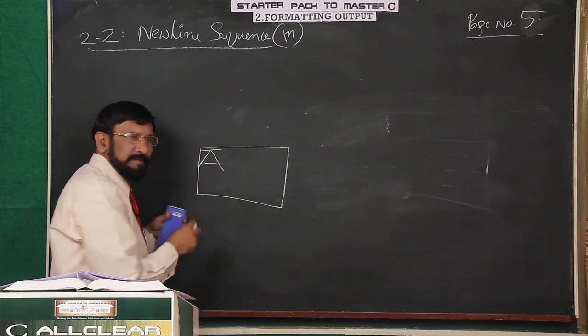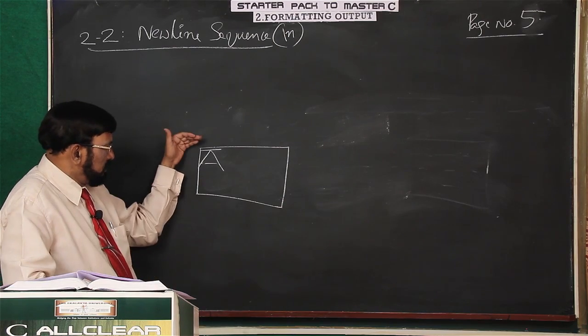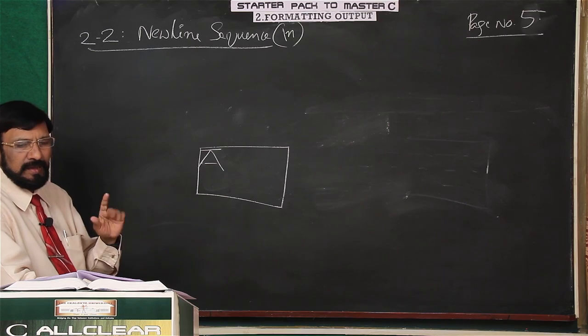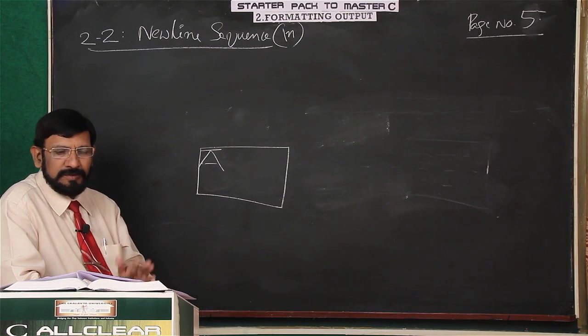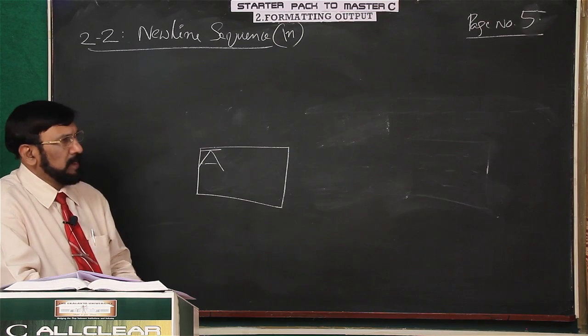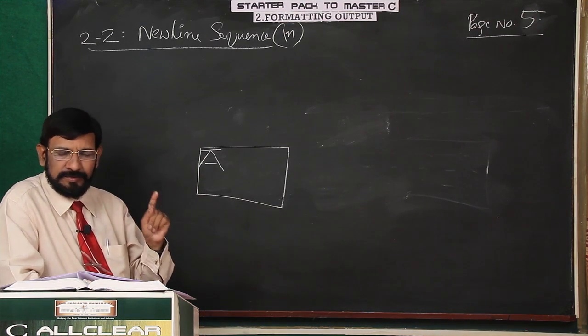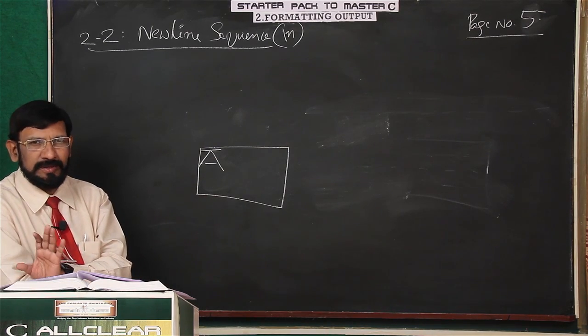It looks more elegant. If you feel your output should be printed one or two lines below, you insert them in the beginning. Otherwise, you have to insert them in the ending. Normally, most programmers prefer to insert a newline sequence at the beginning of the printf statement. You also do that. That is a good practice.